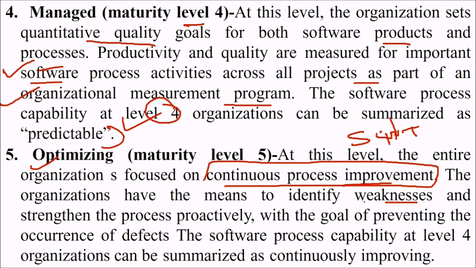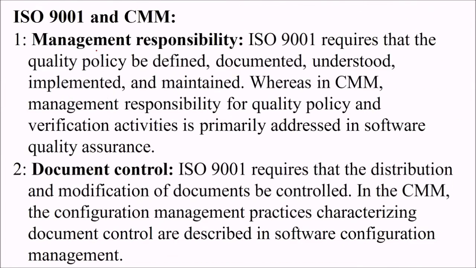So they identify weaknesses and strengthen the process proactively, not reactively as it was in levels 1, 2, and 3, with the goal of preventing the occurrence of defects. So the software process capability at this organization can be summarized as continuously improving, not level 4, but level 5.